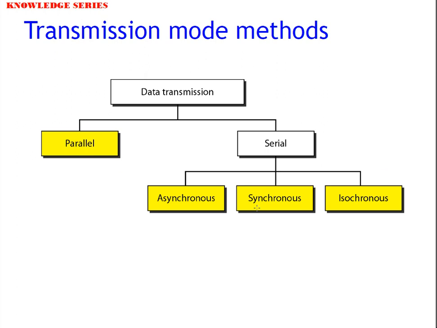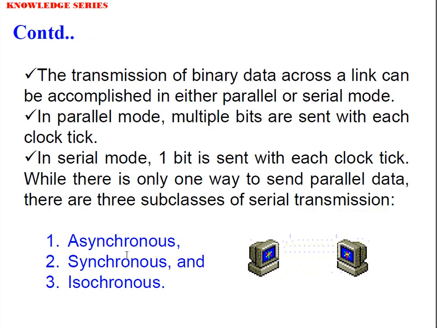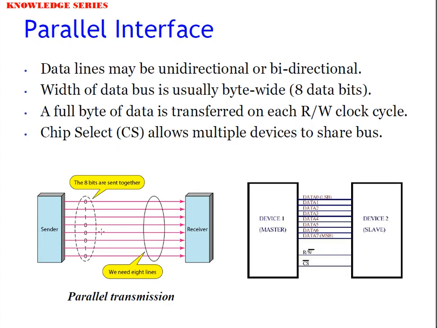That is what is shown here: asynchronous, synchronous, and isochronous. Now let us see parallel transmission. Here in parallel transmission, the transmission of binary data is linked between the sender and the receiver. So that is what we see over here.